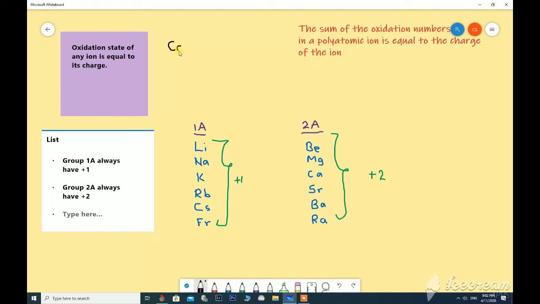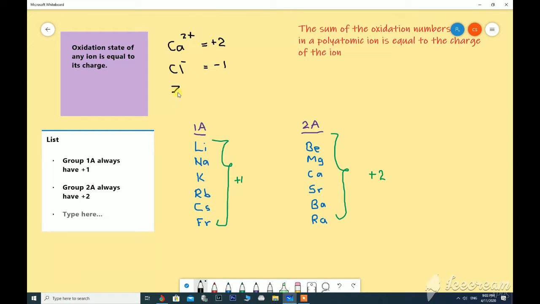Let's think. Calcium, its charge is +2, so the oxidation number of the calcium ion is equal to +2. Chloride ion, Cl-, so its oxidation number is -1.